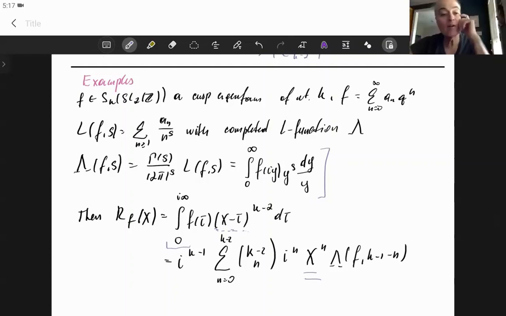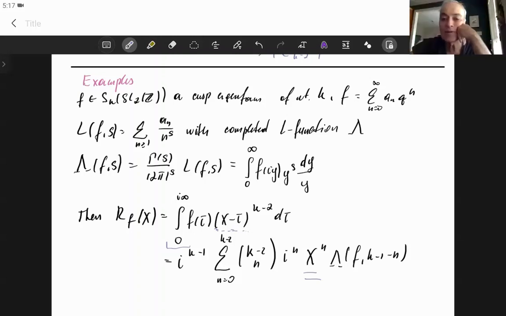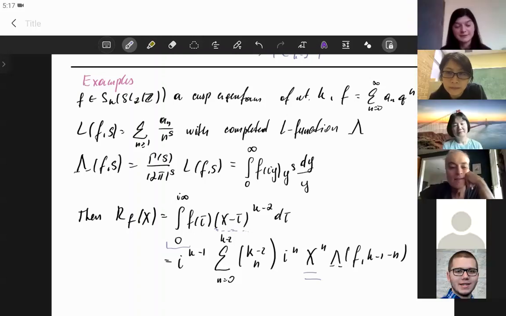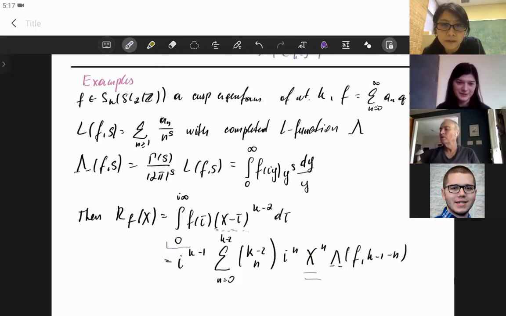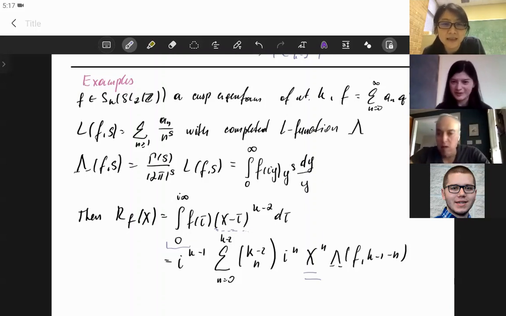It's right there. The integral from 0 to infinity, that's a kind of Mellin transform or something like it. Exactly. So basically, it'll include the Archimedean factors as well. Yes, that's right. And the completed L function basically allows us to go from just the definition of the period polynomial as an integral to actually computing the coefficients.